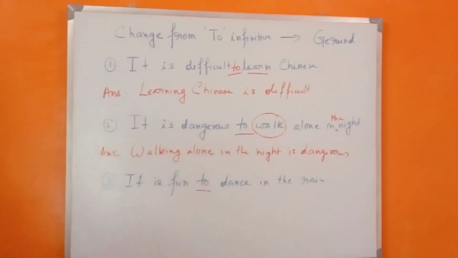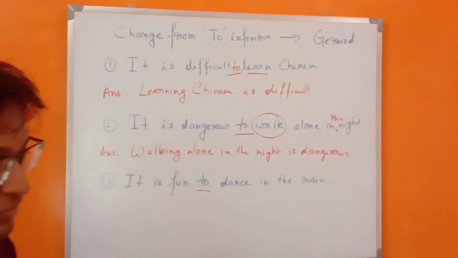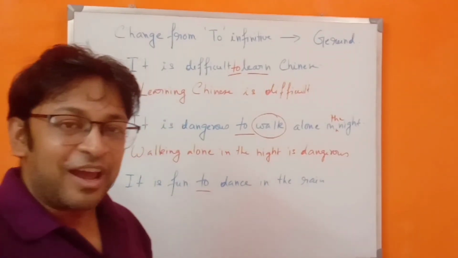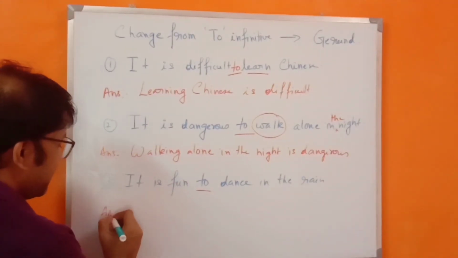So the sentence will change like this. And the last one, it is fun to dance in the rain. Never go for it, because if you dance in the rain, then you will have lots of cough and cold and sneeze.